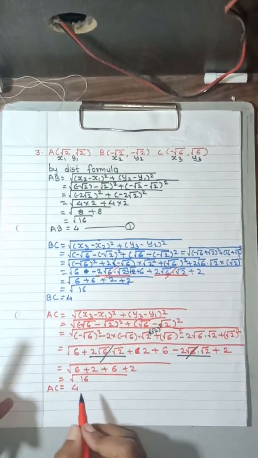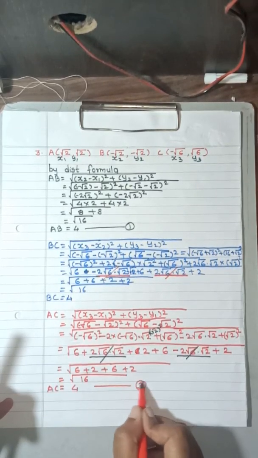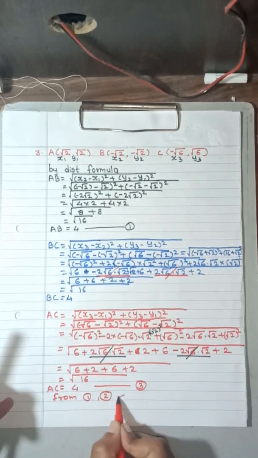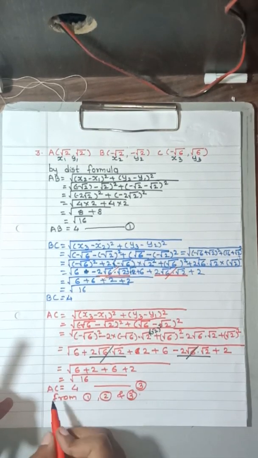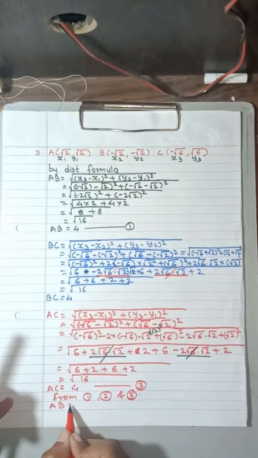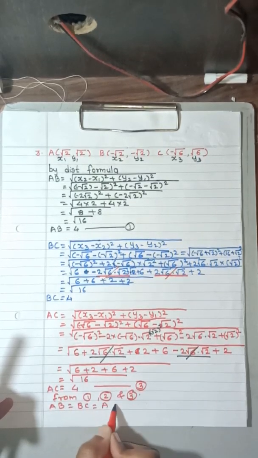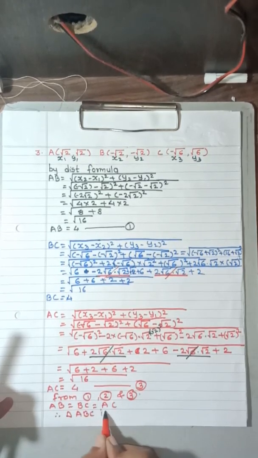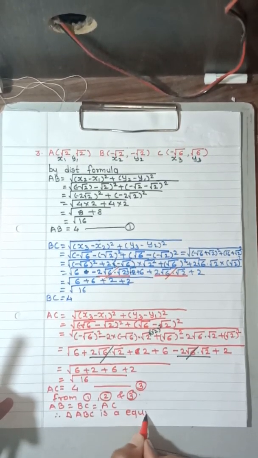AC is 4. This is your equation 3. So from 1, 2 and 3 you can say that AB is equal to BC is equal to AC. Therefore triangle ABC is an equilateral triangle.